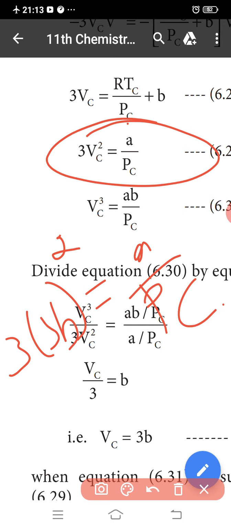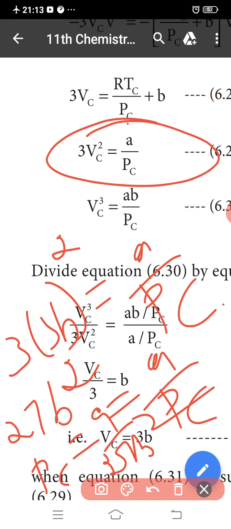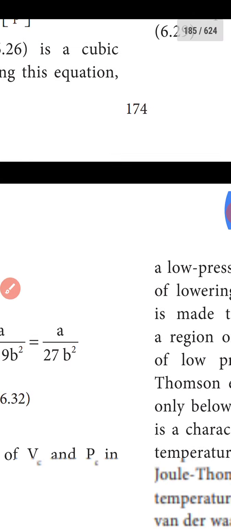So 3 squared into 3, 9b squared. So 9 into 3, 27b squared is equal to a by Pc. So this is the calculated Pc value. So Pc is equal to a by 27b squared. This is the Pc value.